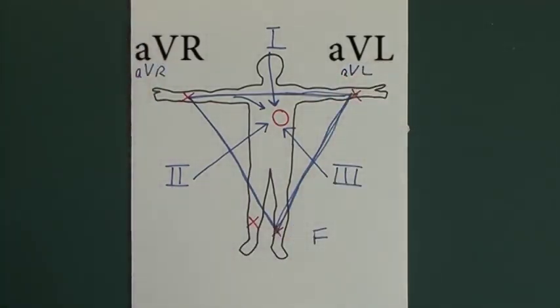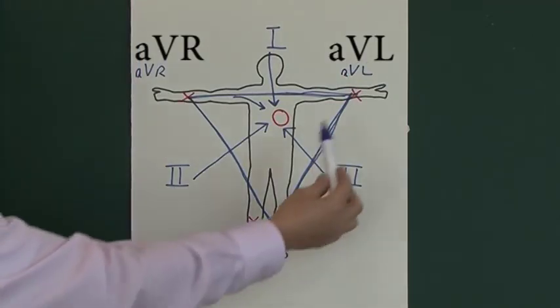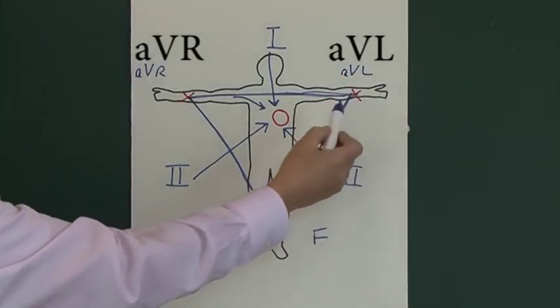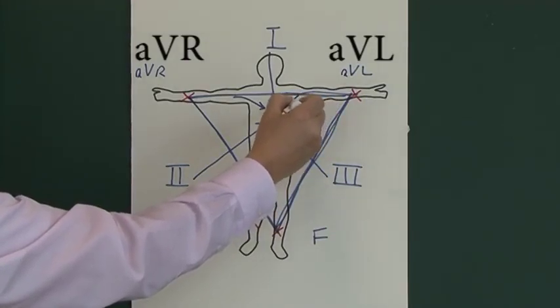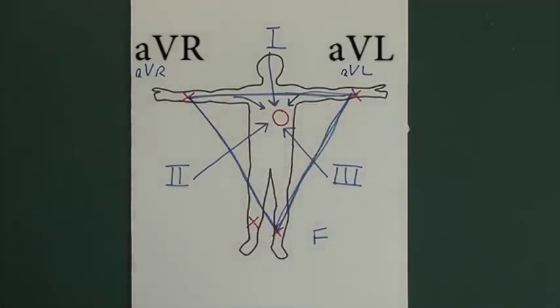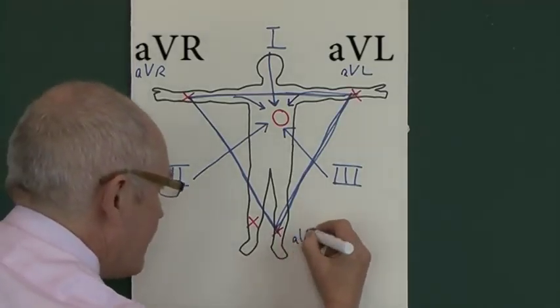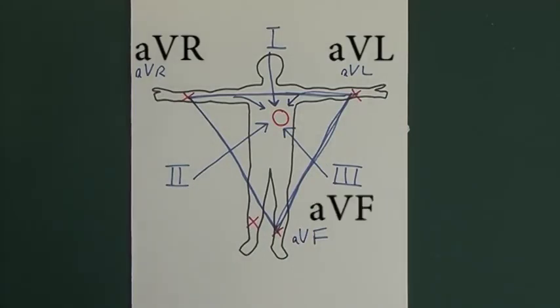And the next one after AVR is AVL. So AVL is augmented voltage left, and that's again unipolar, and it's as if it's looking at the heart through the left shoulder. It's looking at it from this direction here. So again, that's giving us another view of the heart. And then the next lead, the sixth lead, is AVF. That stands for augmented voltage foot.